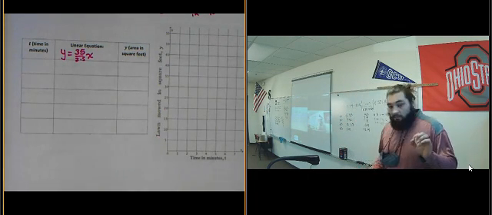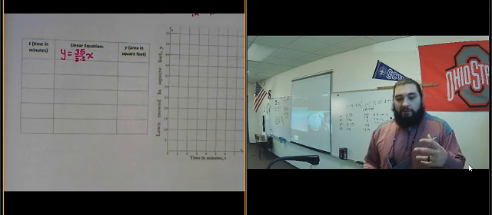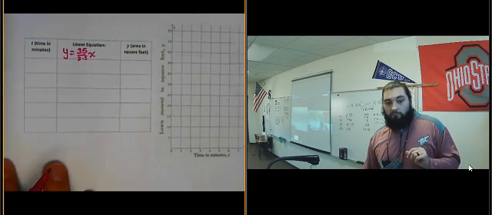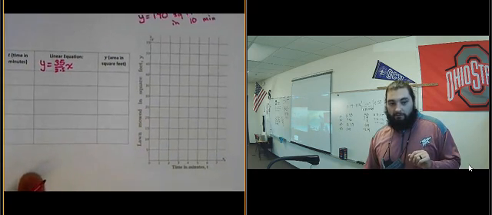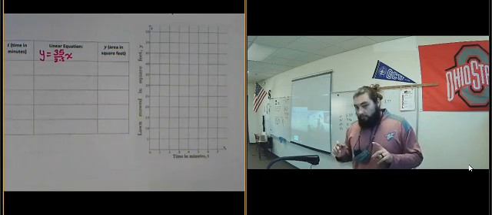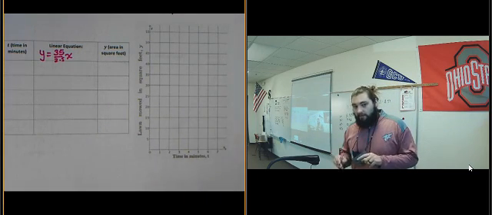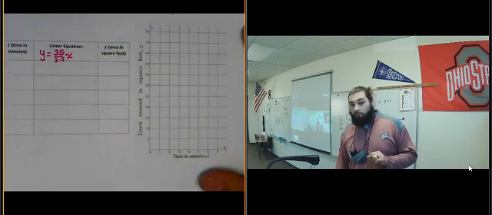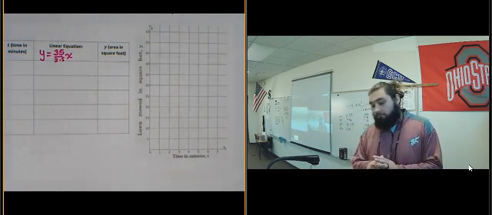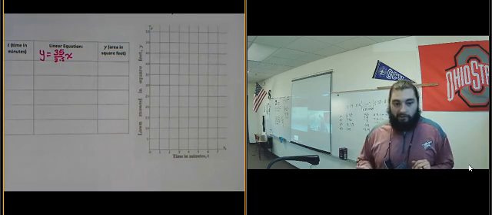The next step is to fill out this table. We're going to use this equation to fill out the table. Now, they asked us about 10 minutes, and this is where it takes a little bit of intuitive thinking. They asked us about 10 minutes, and they gave us a section of a coordinate plane for us, presumably, to graph the points that we create here.